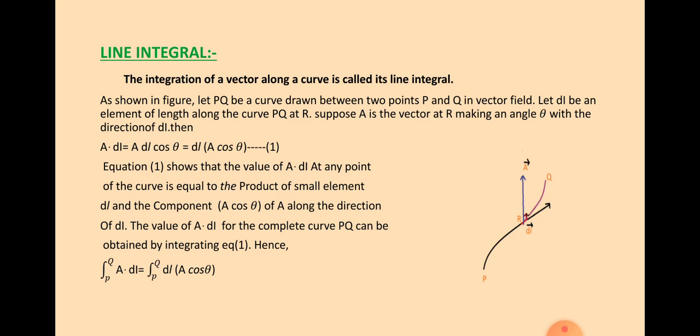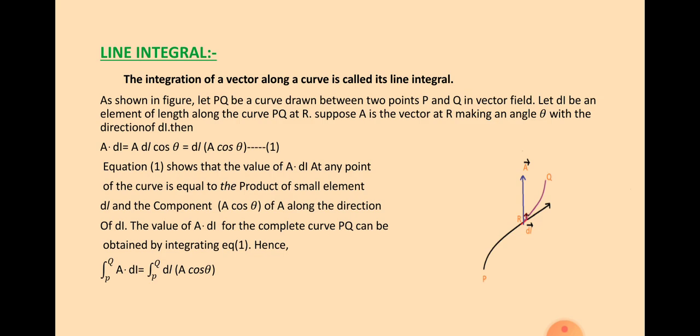Equation 1 shows that the value of A dot dl at any point of the curve is equal to the product of the small element of length dl and the component A cos theta of A along the direction of dl.